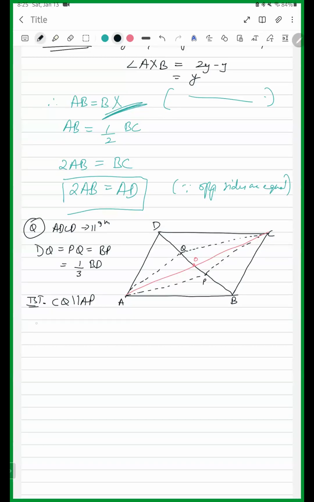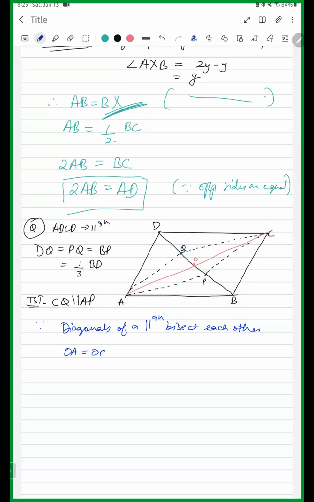So now, since we know that diagonals of a parallelogram bisect each other, right? We already know this. So since diagonals of a parallelogram bisect each other, therefore OA will be equal to OC.